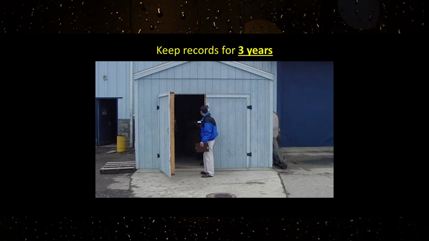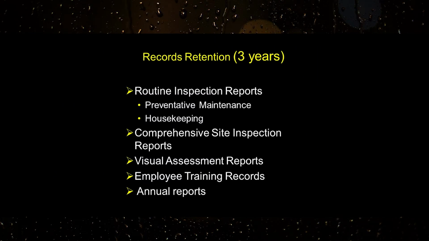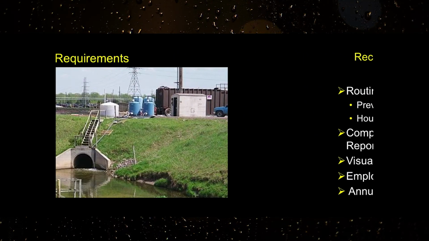All records should be kept with the Stormwater Pollution Prevention Plan and must be retained for at least 3 years. The following records are required to be maintained for 3 years: routine inspection reports, comprehensive site inspection reports, visual assessment reports, employee training records, and annual reports.